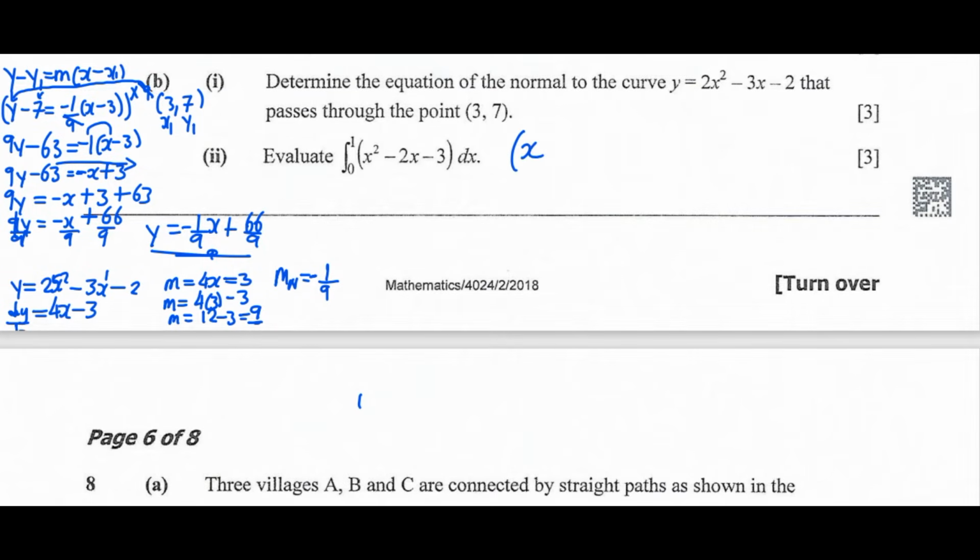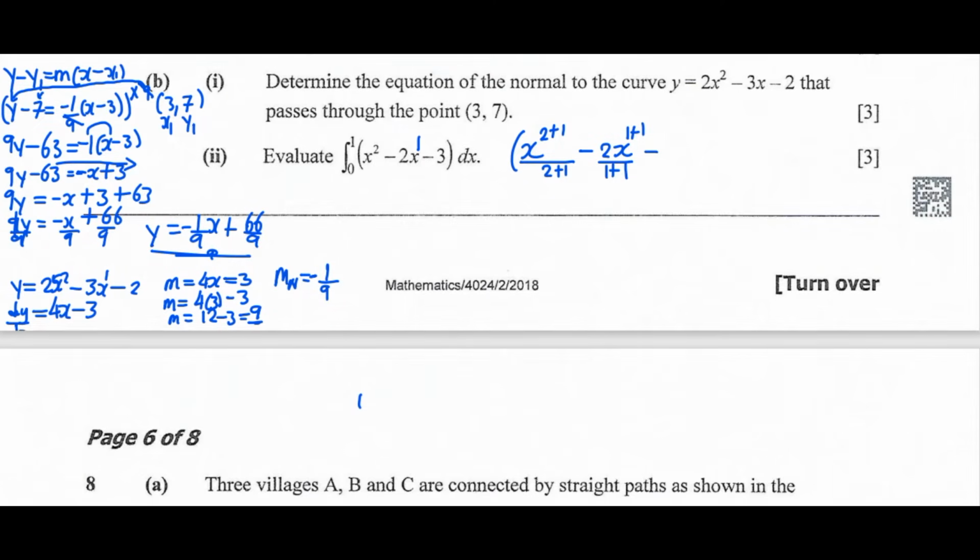So x squared, you add 1 to the power, then divide by the same thing, so over 2 plus 1, minus 2x. This x has a power of 1, so this is 1 plus 1 over 1 plus 1.